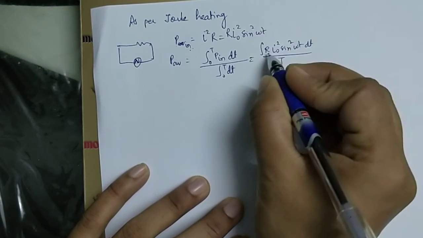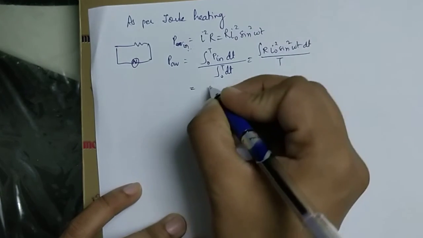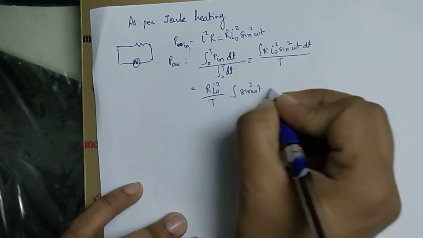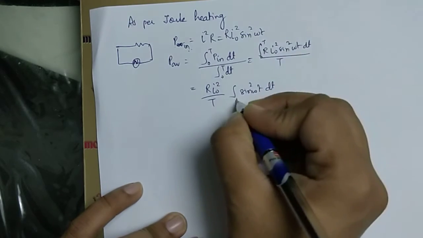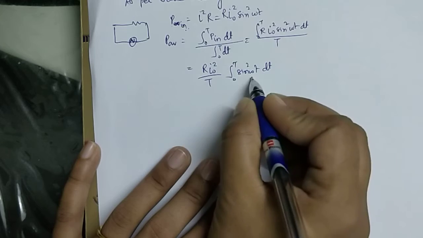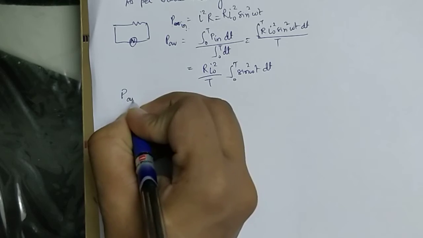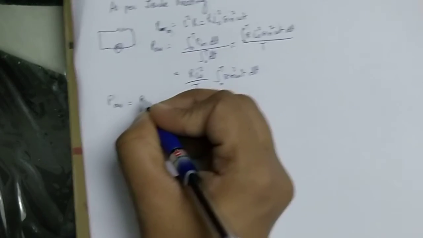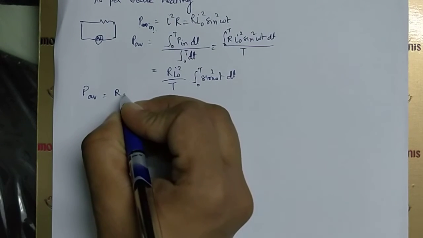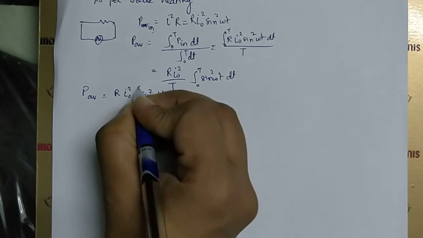We can take R I naught square outside the integration, and what we get is R I naught square by T, integral of sine square omega t dt, with limits from 0 to T. So P average is equal to R I naught square, integral from 0 to T of sine square omega t dt, upon T.